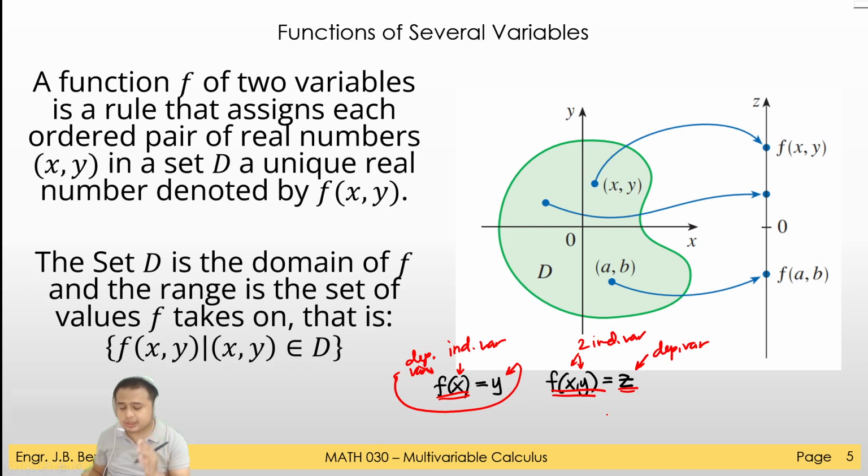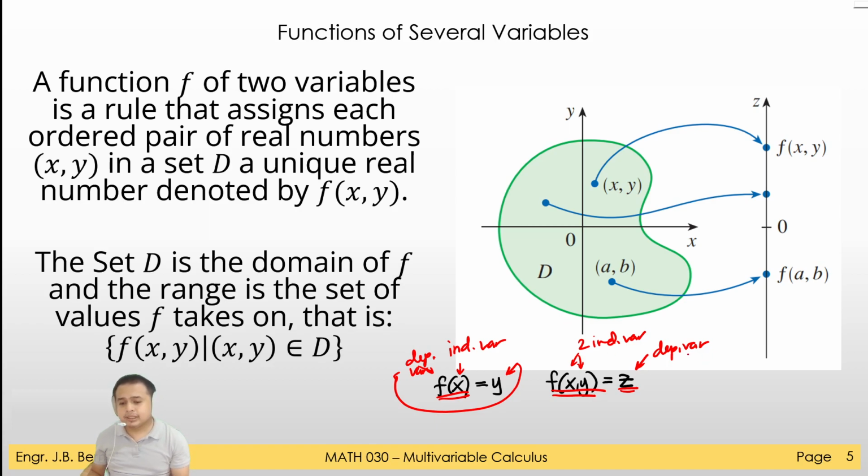So instead of just one predictor, we have two predictors for our dependent variable. Basically, these two independent variables will map a single value, which is our z axis coordinate, or the dependent variable.